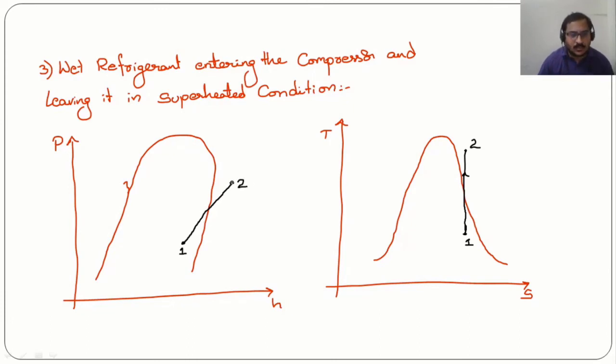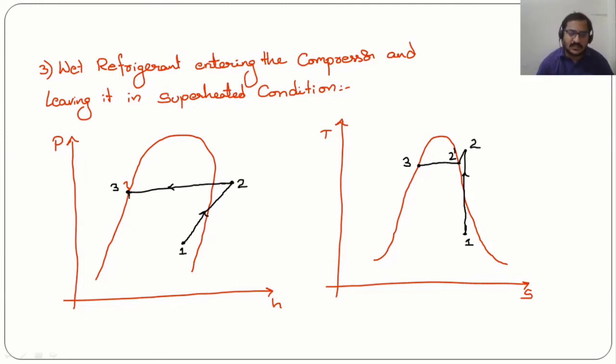Then 2 to 3 is constant pressure heat rejection in the condenser. So in the pH diagram we will get the curve like this. Then 2 to 3 is condensation. So here from the superheated state this has to come down to the saturation condition. Then at saturation condition phase change takes place from 2' to 3.